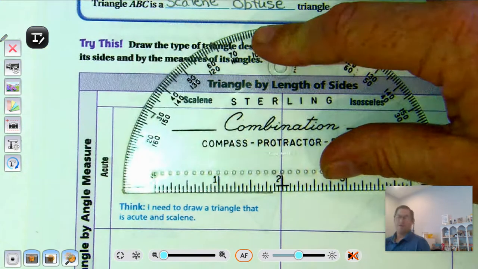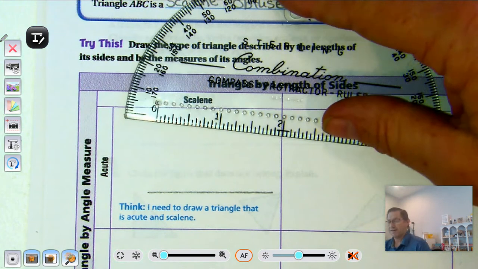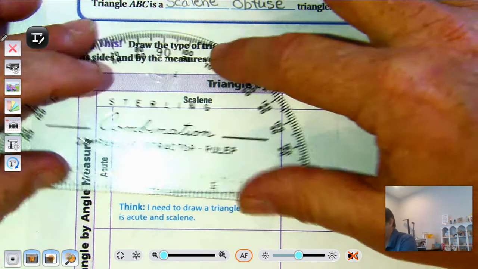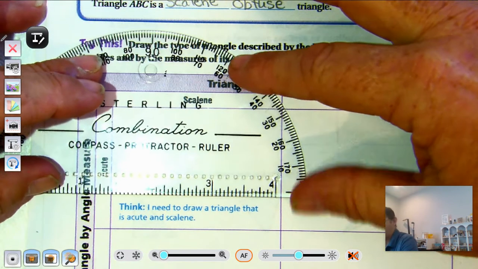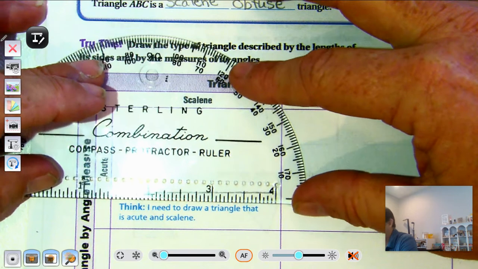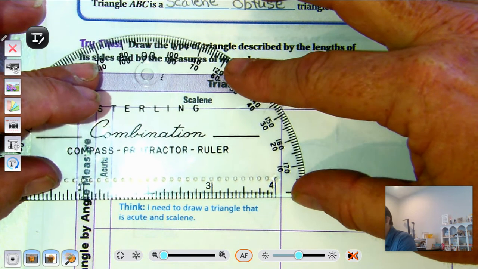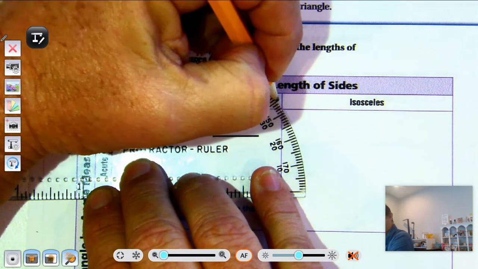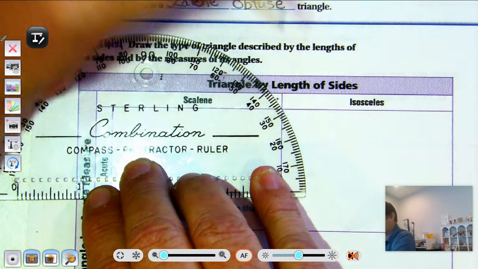All right, and I'm going to make this first angle 35 degrees. I'm going to have all the angles be different sizes. So I'm going to line this up with the 0 mark and find 35.